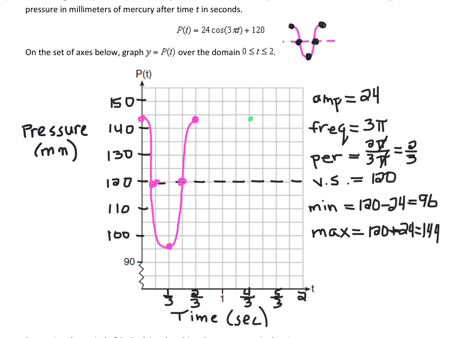Let's put a point right there. Now, midway between any two maximums on a cosine curve, we're going to be all the way down here at our minimum, which we said was at 96. I'm going to put a point right here at 96. And then again, halfway between any maximum and minimum, we're going to meet in the middle and be on that midline.